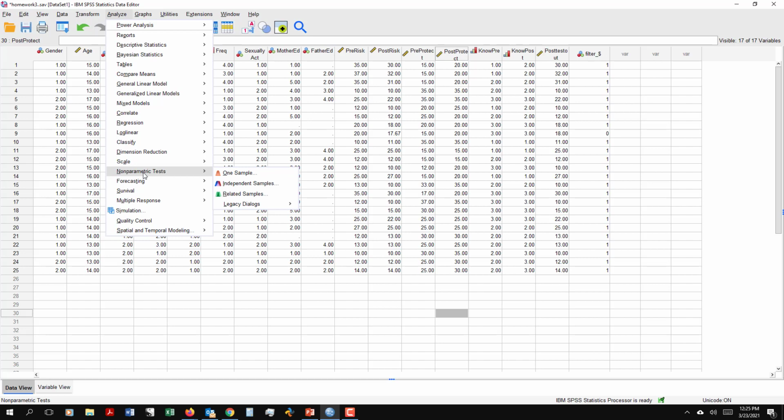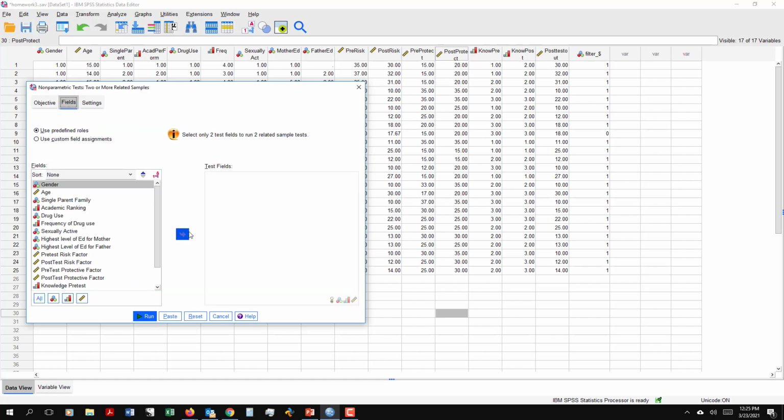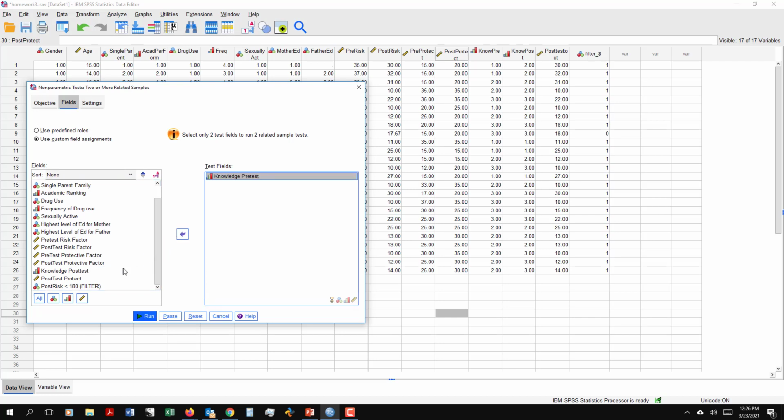That's where it's listed here. So in the non-parametric test, you can actually go to the related samples, and in your related samples, you get this right here. And then we're going to go to fields, and in our test fields, we're going to say knowledge pre-test, knowledge post-test. So you select only 2 test fields to run 2 related sample tests.